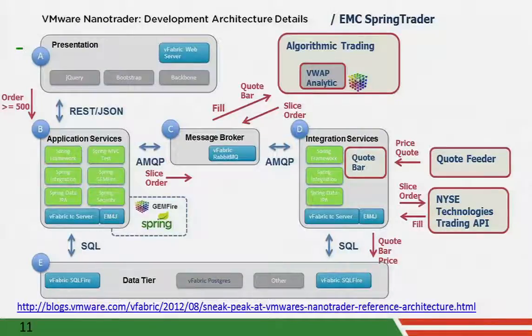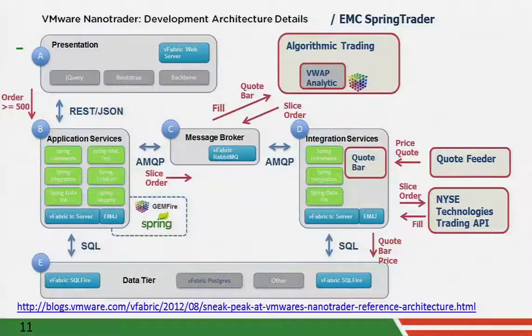And what EMC did with NanoTrader, we extended it for the financial services marketplace. But we added an algorithmic trading service within the application services. It's got GemFire.